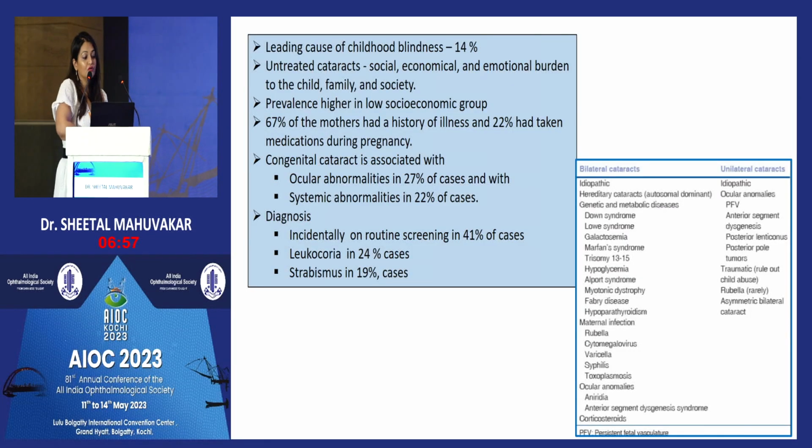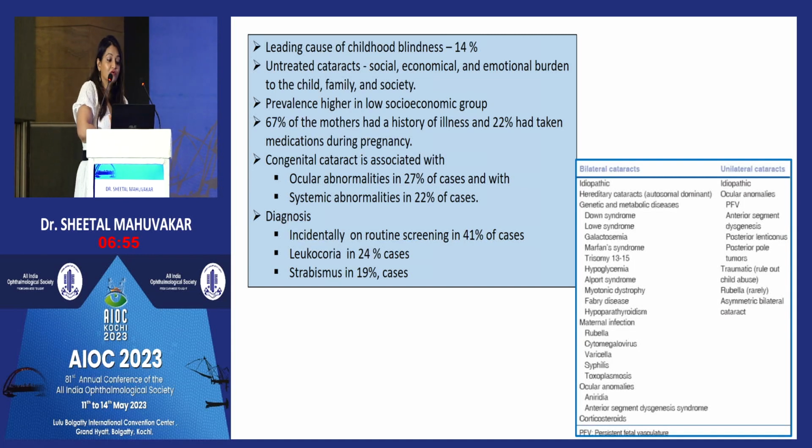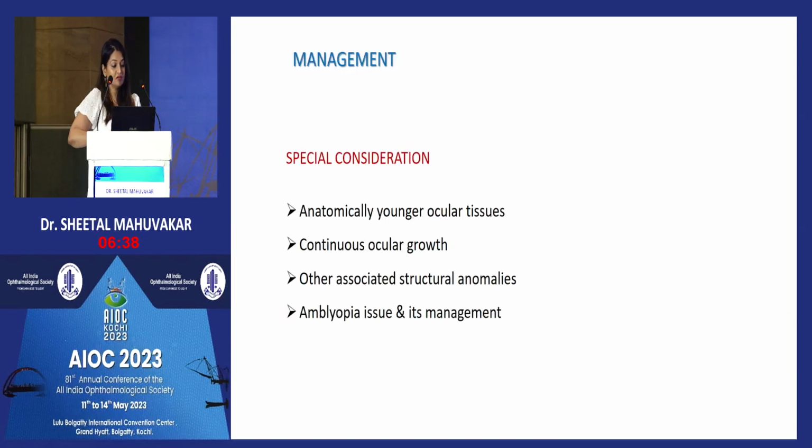So basically, we all know that cataract is a leading cause of childhood blindness, and there are various causes for it. There could be genetic, there could be metabolic, there could be some kind of insult during pregnancy because of maternal infections, or it could be idiopathic, or there could be trauma later on in life.